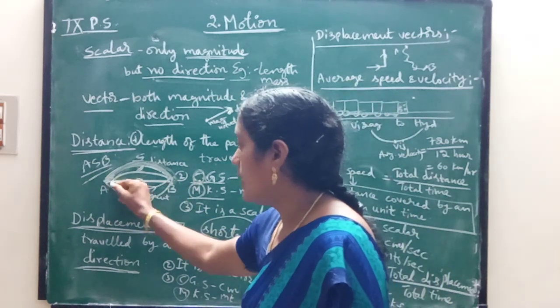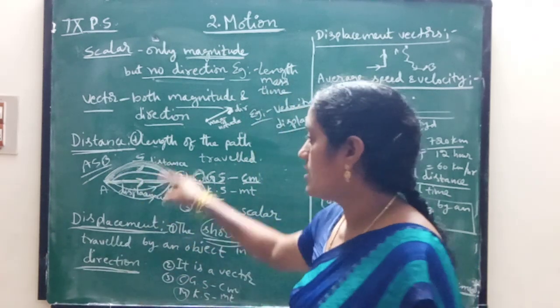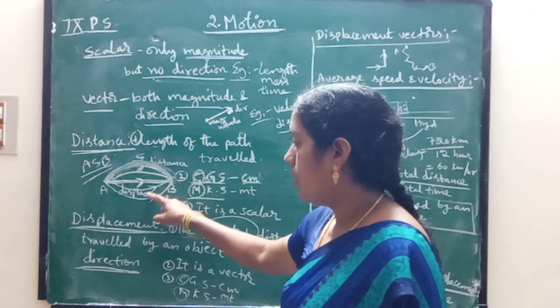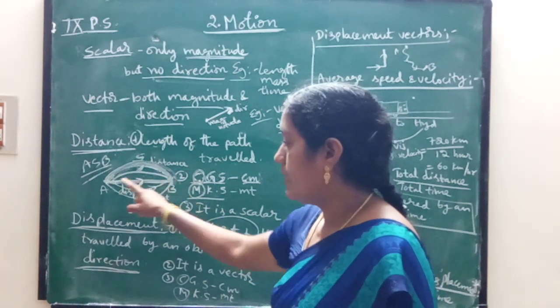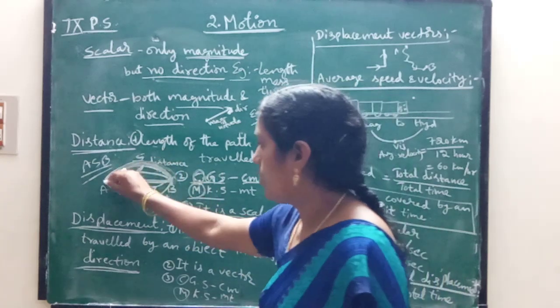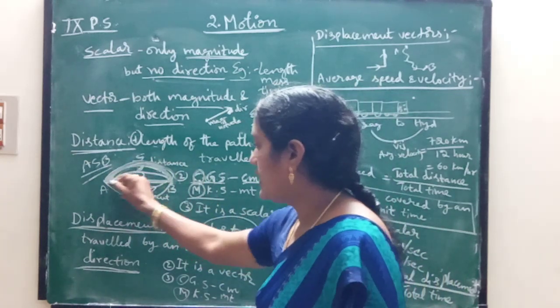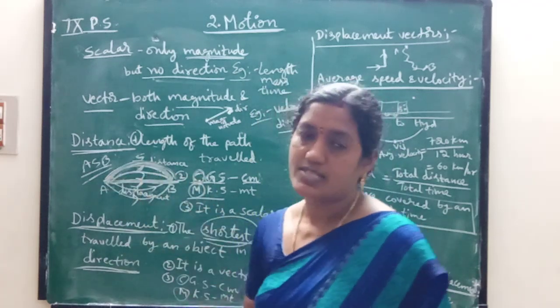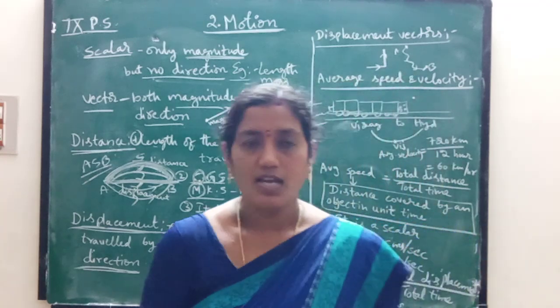If you join A to B, this is the shortest distance compared to all the remaining ones. Children, AB is the shortest distance from A to B. There are so many ways from A to B, but only this AB is the shortest distance. So this shortest distance travelled by an object is known as displacement.